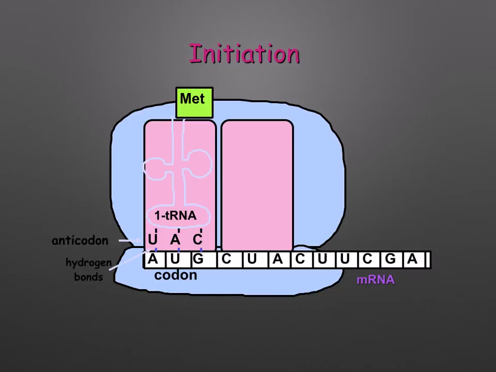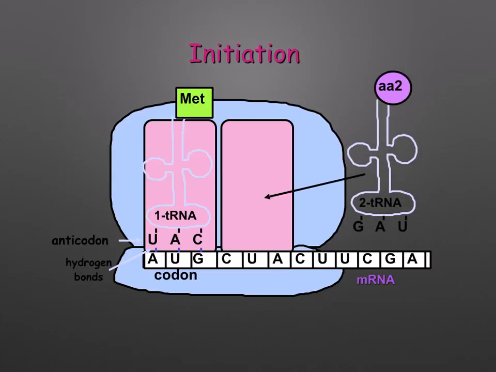Then you have a second tRNA coming in. Now, if methionine is not in the final polypeptide, it's going to be removed at the end of the synthesis.